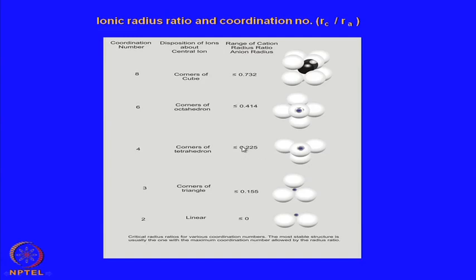Now, beyond that, if the cation size still increases, with the anion size remaining the same, because we are talking primarily about oxides, the oxygen anion radius remains the same and the cation increases, then the next level is 0.414.